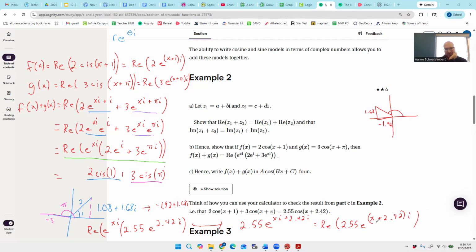And so it's 2.55 cis(x plus 2.42), or 2.55 cosine(x plus 2.42). Right.